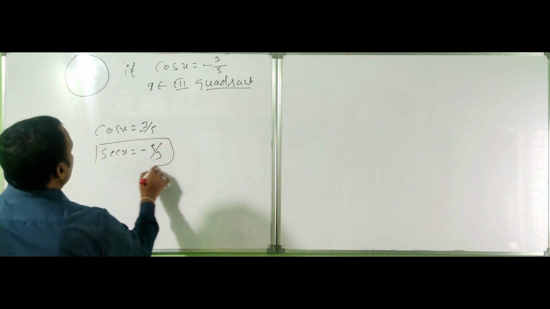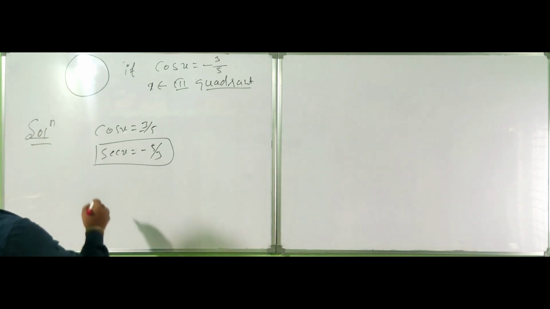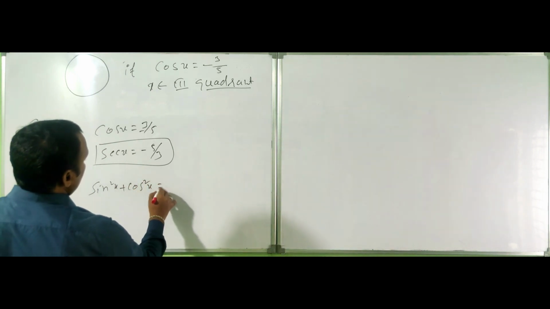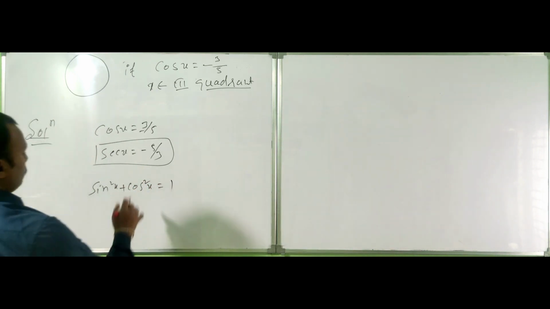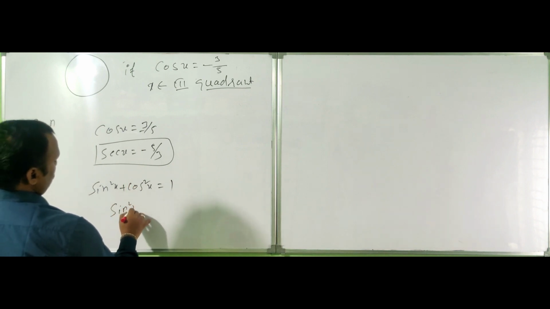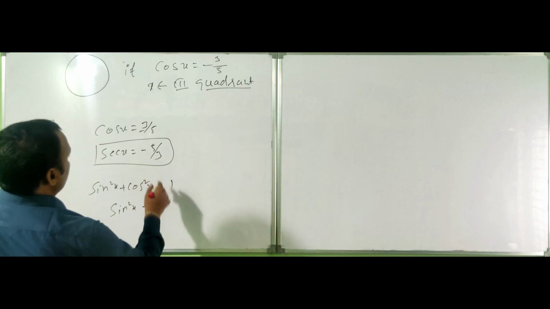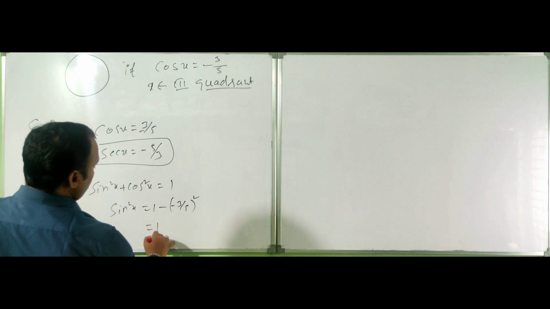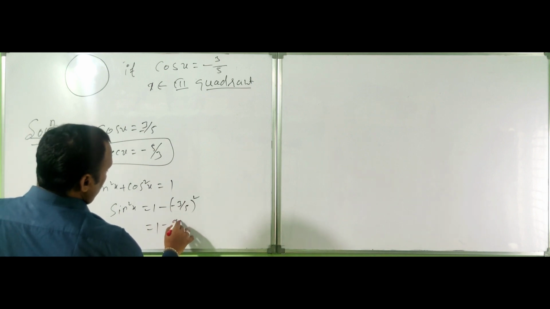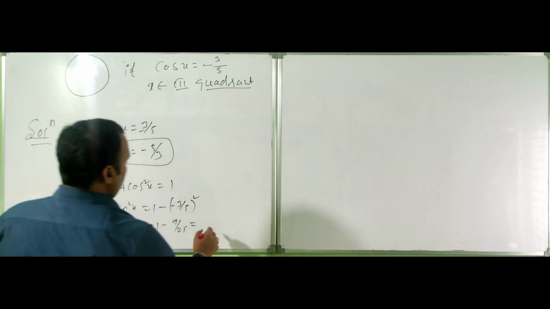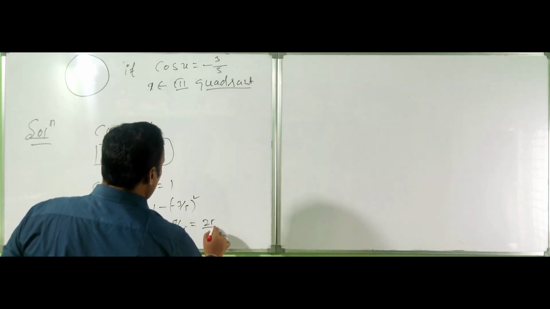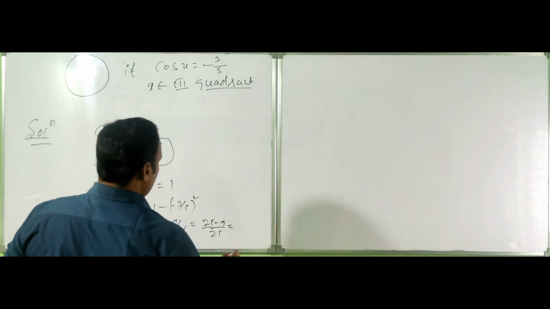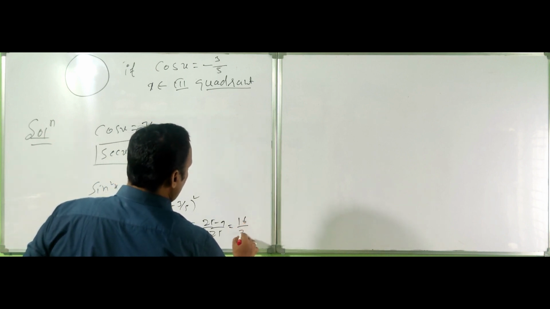We know sine square x plus cos square x is equal to 1. So sine square x is equal to 1 minus cos square x, which is 1 minus minus 3 by 5 whole square. That is 1 minus 9 by 25, which is 25 by 25 minus 9 by 25, and this becomes 16 by 25.